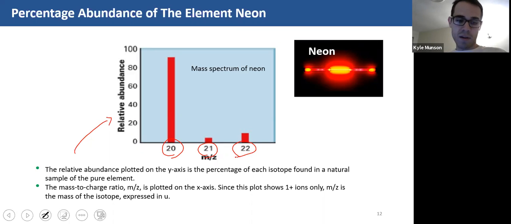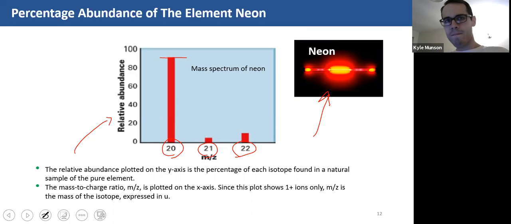You can see that about 90% of neon exists as the neon-20 isotope, and maybe 10% or less exists as neon-22. This is just a picture of neon, like a neon sign.